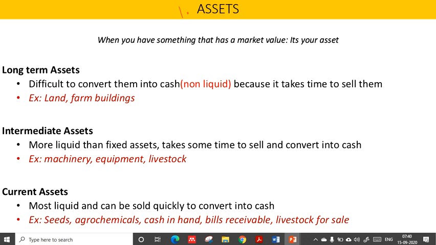There are three different types of assets: current assets, intermediate assets, and long term assets. Let's first understand the term liquidity. Liquidity means cash. Current assets are most liquid. That means you can go to the market, sell them and convert them into cash very quickly.